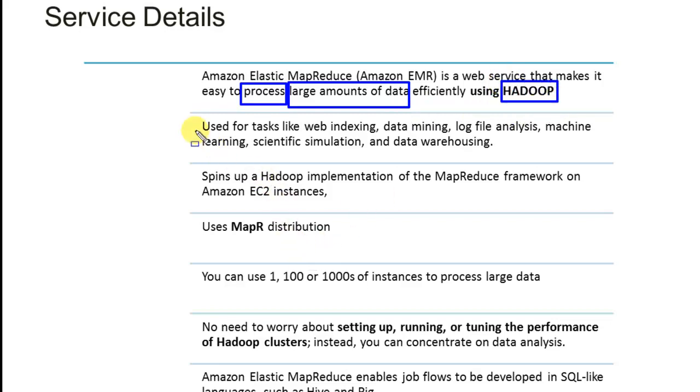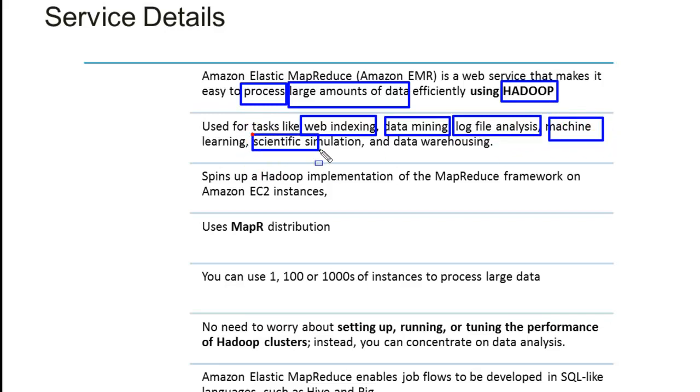Second is what it is used for. What kind of things? Web indexing, data mining, log file analysis, machine learning, scientific simulation, and data warehousing. So these are the various use cases where you would like to use EMR.